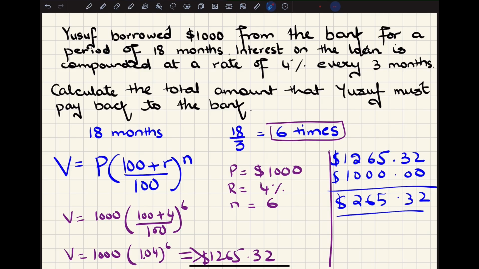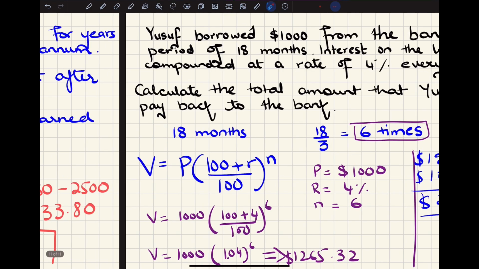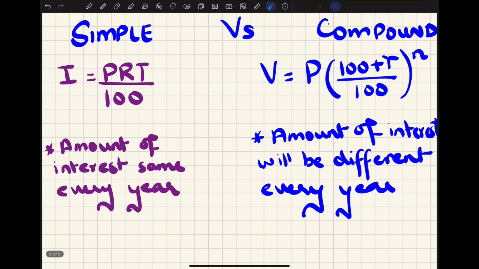So this is it for simple and compound interest. Please make sure that you're absolutely clear about the difference between the two, and you need to memorize the formulas. These formulas, they are of absolute importance, crucial importance, and also understand what they're basically calculating.